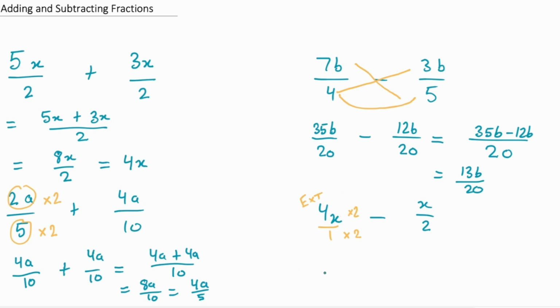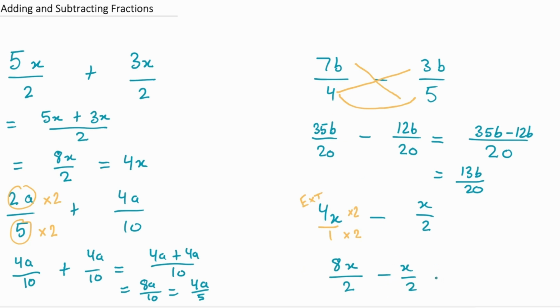Let's go ahead and rewrite what it would look like. 4x times 2 gives us 8x over 2 minus x over 2. You can see the denominators are the same.